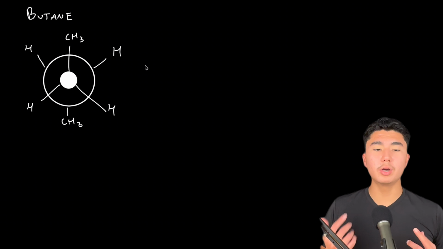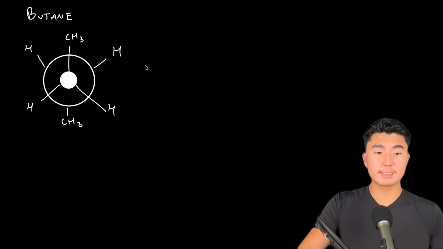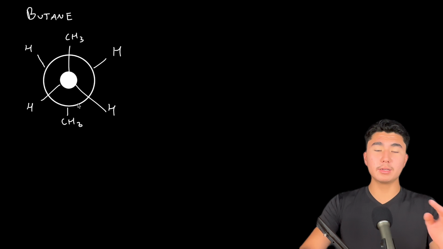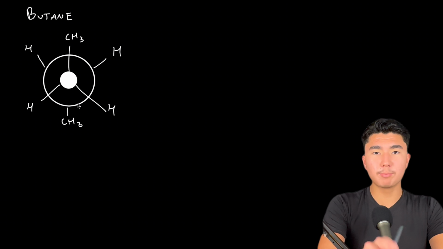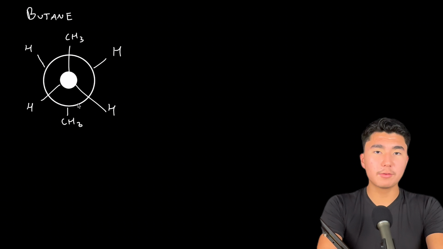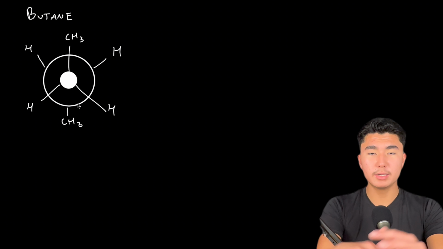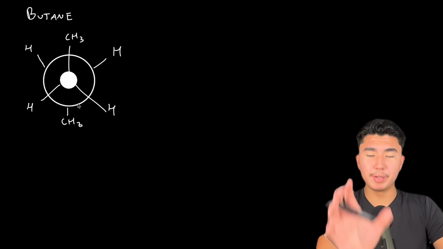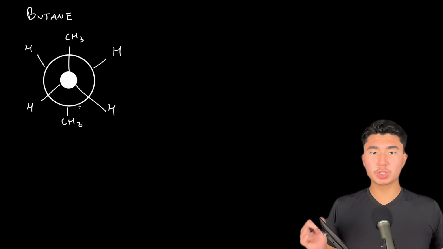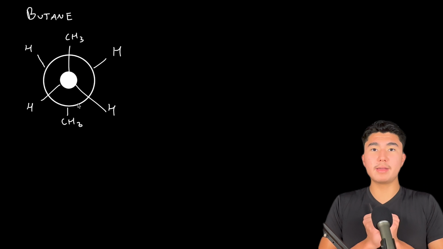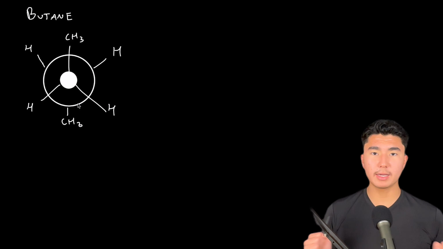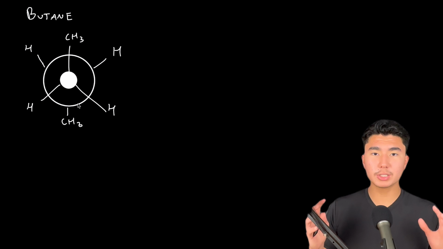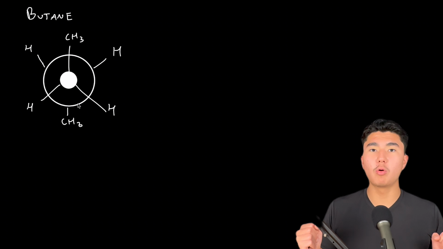Now, one thing you'll notice with this Newman projection is that the CH3s, those methyl groups, are farthest away from each other. And this is really important to understand because, first off, we can both agree that methyl is much bigger than hydrogen. And since it's bigger, it's going to have a larger repulsive force if it's right next to another methyl. So we don't want that. We want to have the largest groups farthest away from each other.